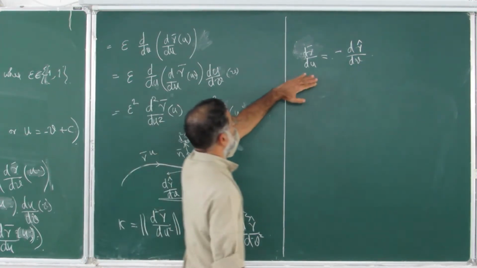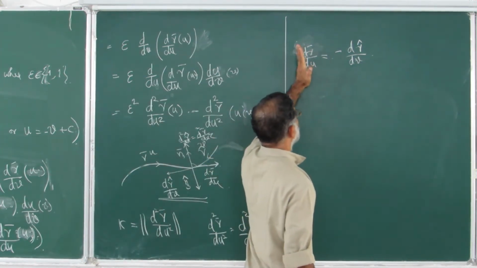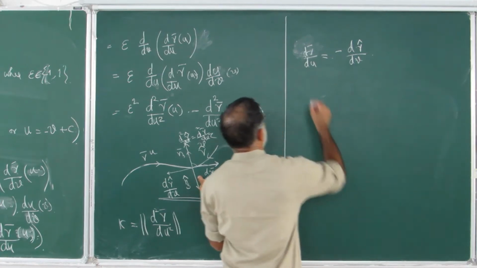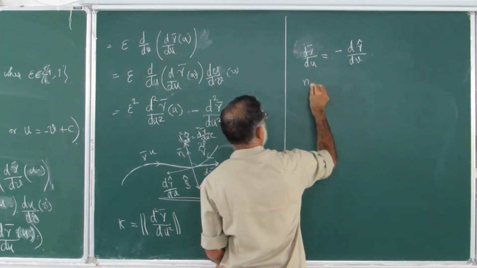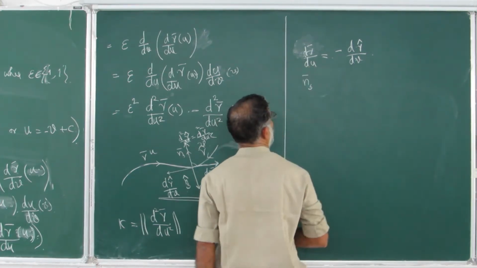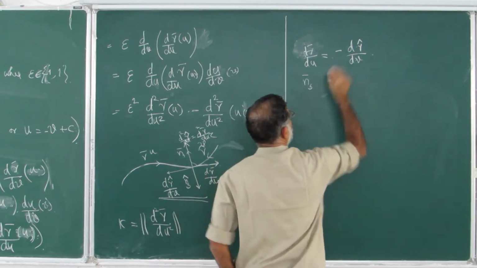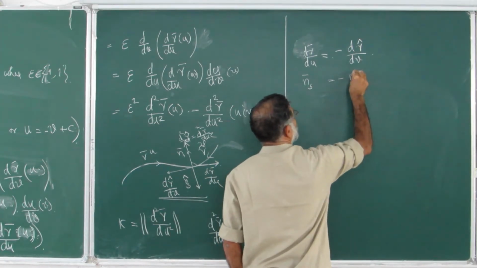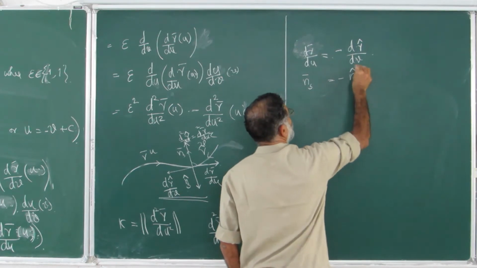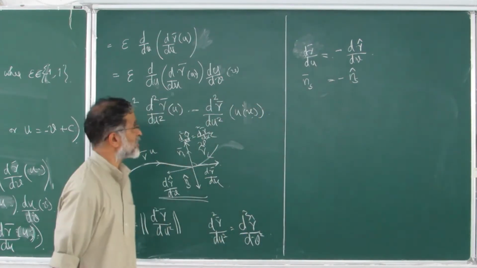So you rotate this by pi by 2 positively and rotate this by pi by 2 positively. This will give you your signed normal with respect to gamma bar, and rotating this by pi by 2, you will get the signed normal with respect to this parameterization.